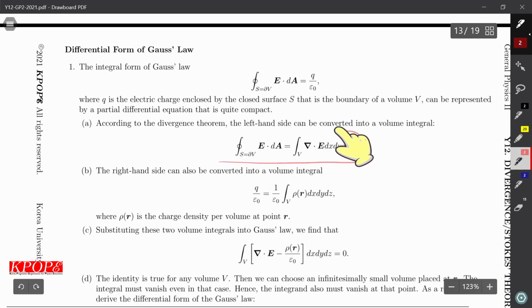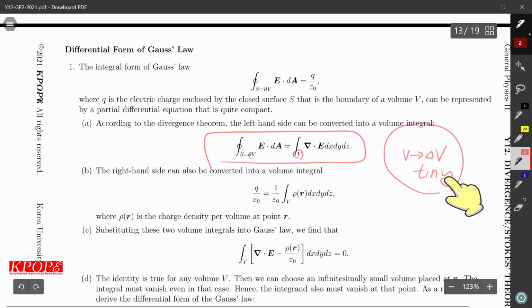The divergence theorem is this. We take the volume to be a very tiny volume. Then this volume is very small.